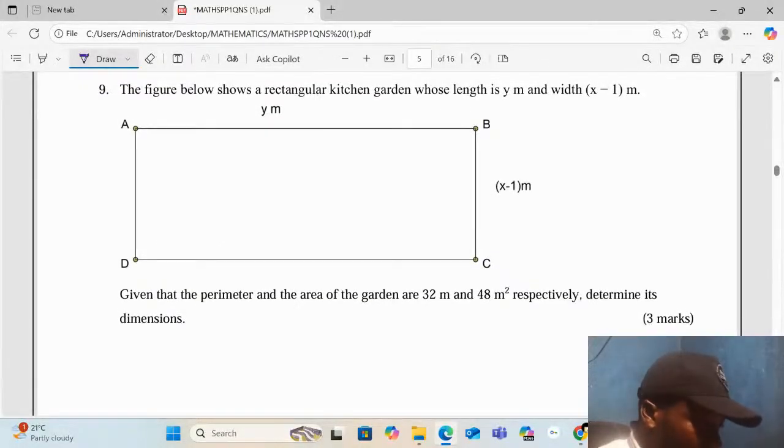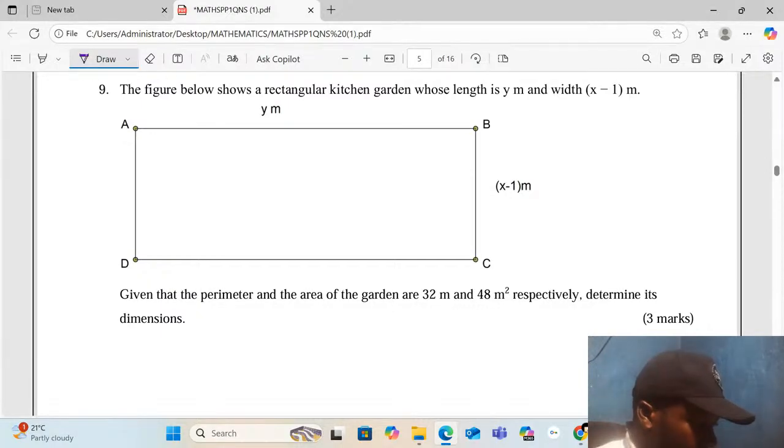The length is y meters, as you can see, and the width is x minus 1 meters. You are given the perimeter and the area of the garden. The perimeter is 32 and the area is 48. You are asked to find the dimensions of the rectangle.